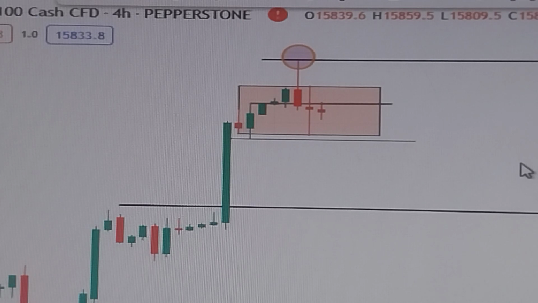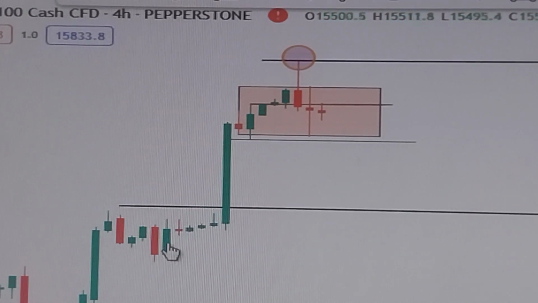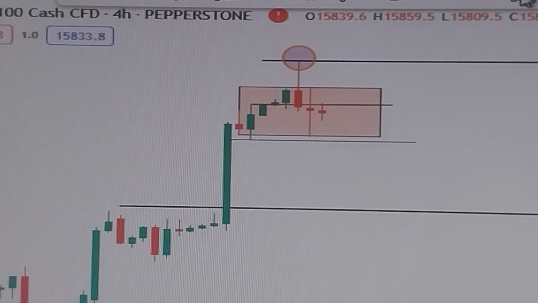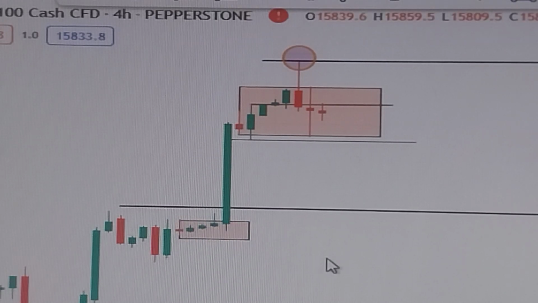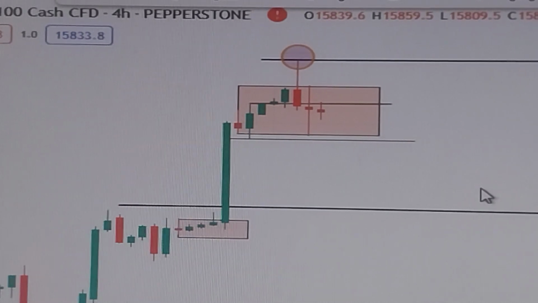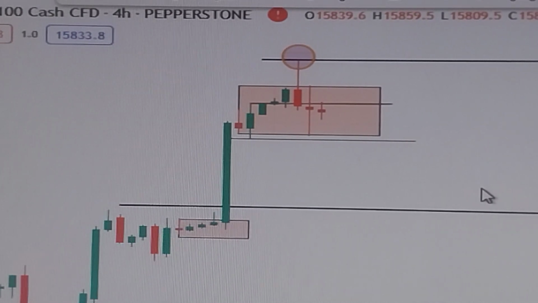Since the market also broke out from our demand zone, this zone here, there's something that you guys also have to know and see what is happening on our 4-hour time frame.